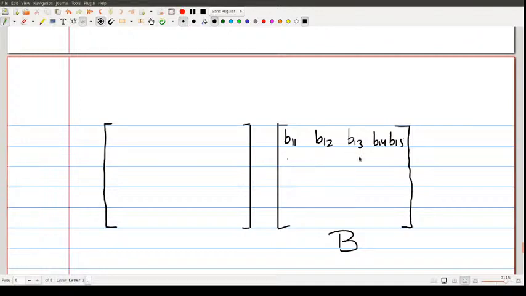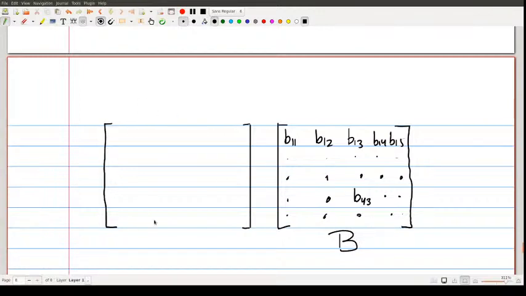Then 21, 22, 23, 24, 25, and so on. The first index tells me the row, and the second index tells me the column. For example, this entry is in the fourth row and the third column, so this will be B43. These are some of the entries of matrix B.